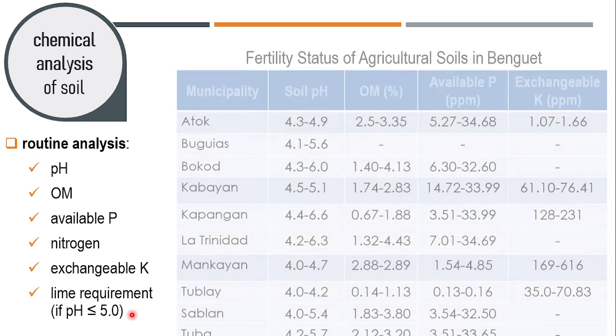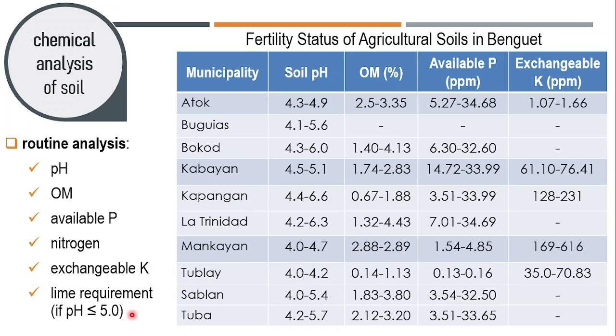Now, let us look at the fertility status of agricultural soils in Benguet. This is a research or study conducted years back, so this might not be the current status of our soils today. We have here 10 municipalities out of the 13 municipalities of Benguet: Atok, Bugyas, Bukod, Kabayan, Kapangan, La Trinidad, Mangkayan, Tublay, Sablan, and Tuba.